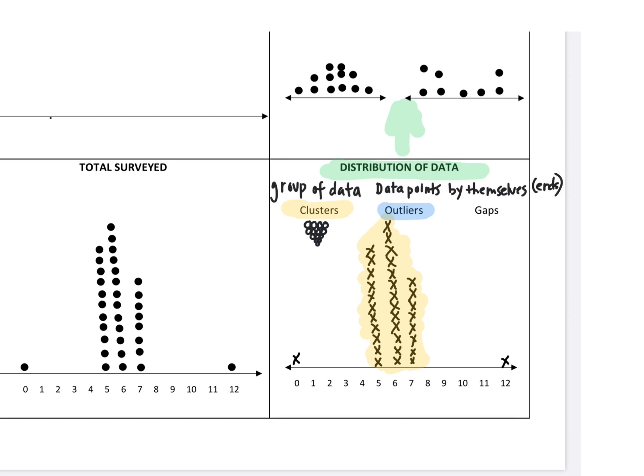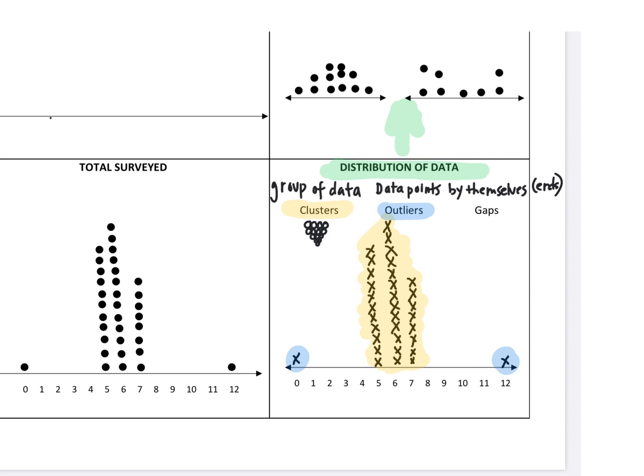So data points by themselves, and in order to be an outlier, it has to be on the end. So in this case, we have two outliers. We have one here, and we have one here. So those are called outliers. They're all by themselves. They're data points, but they're all by themselves, and they're on the ends. They have to be by themselves, and they have to be on the ends.